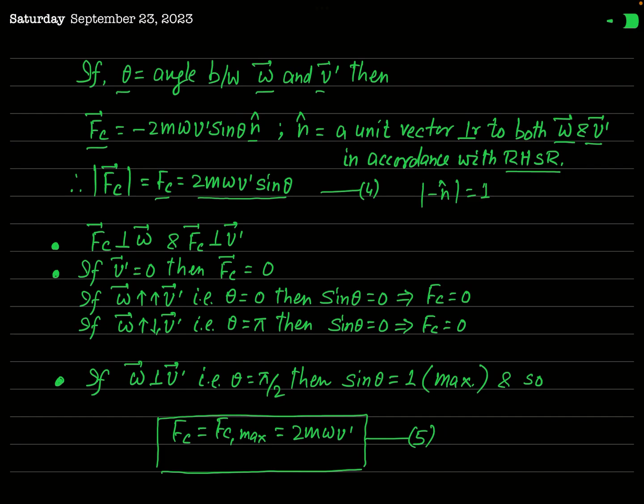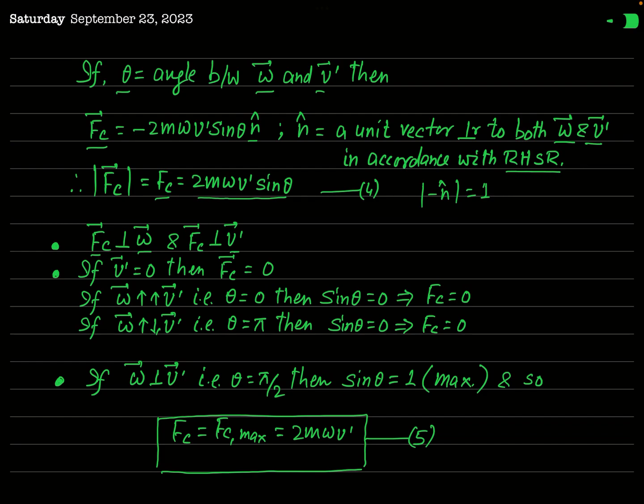Since Fc has been defined by the vector product of two vectors omega and v prime, in accordance with the definition of the cross product, you can say that Fc will be perpendicular to omega and it is also perpendicular to v prime. This is evident from the definition of the cross product of two vectors.